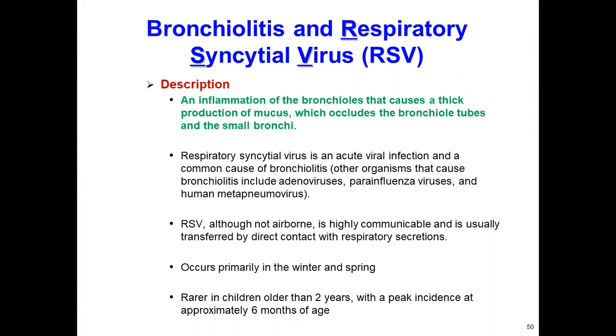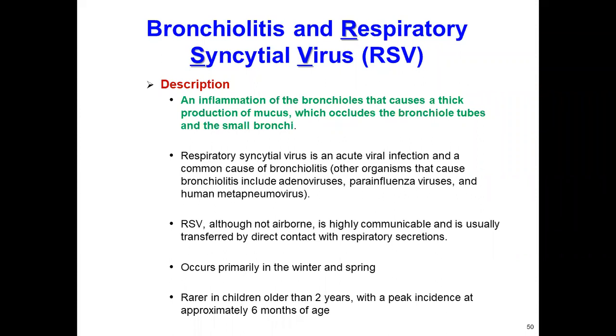So RSV requires contact precautions. If we see anybody infected by respiratory syncytial virus, we have to follow contact precautions: wear gloves and gown, give them a private room, and remove the gloves and gown before leaving the patient room.